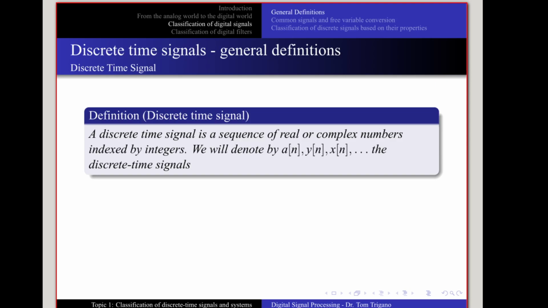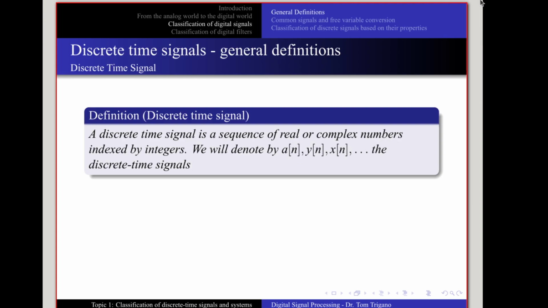So in its most general form, a signal is just a sequence of numbers. These numbers can be either real or complex, but the most important part is that these values are indexed by integers.